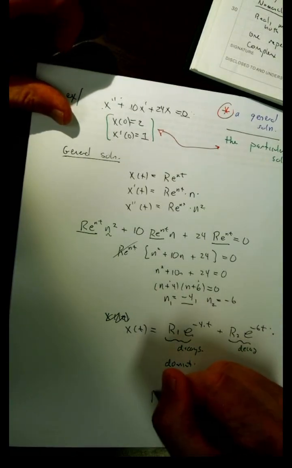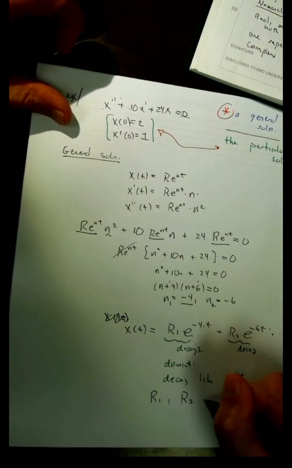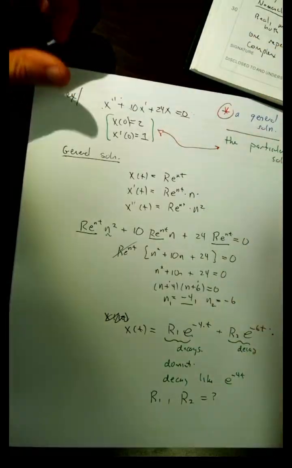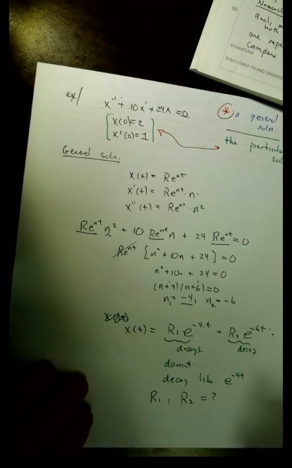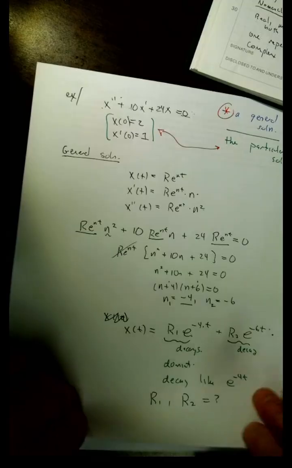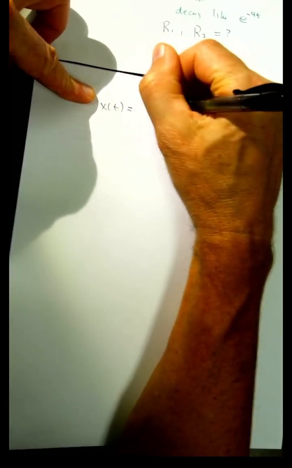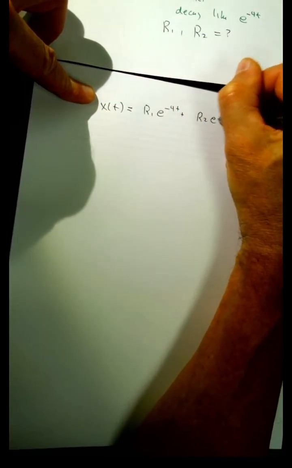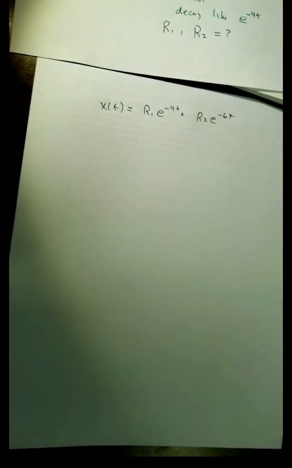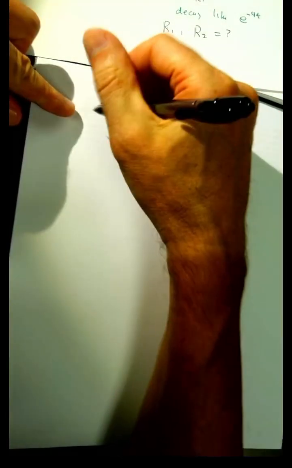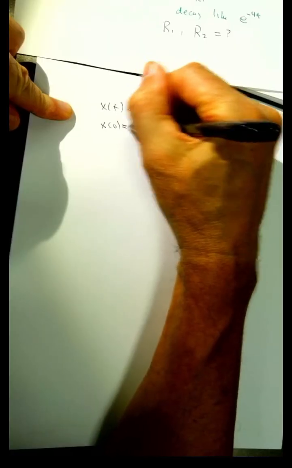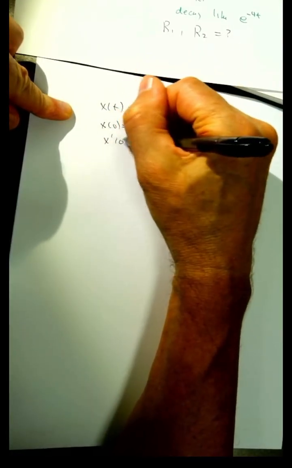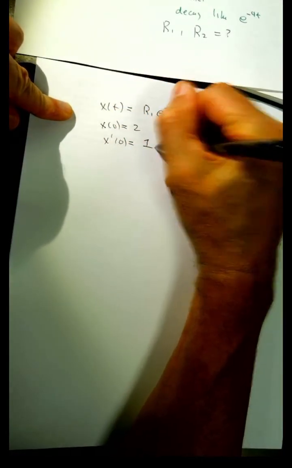However, in this case, I have information, so I can figure out what r1 and r2 are. We have x(t) = r1 e^(-4t) + r2 e^(-6t). We are given that when t equals 0, x is 0, and when t is 0, x prime is 1.